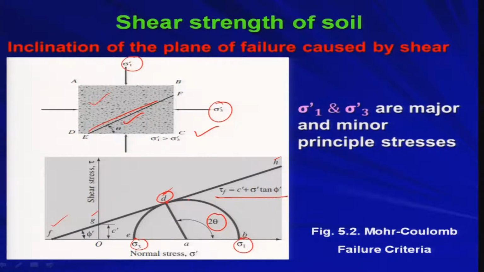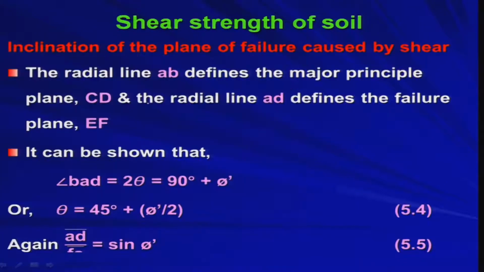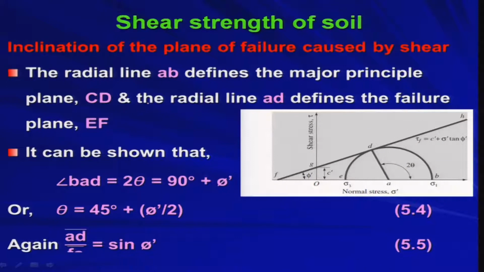Now, whatever you have understood, we are going to represent in a mathematical expression. The radial line AB defines the major principal plane.